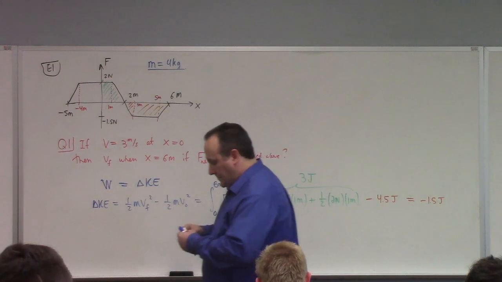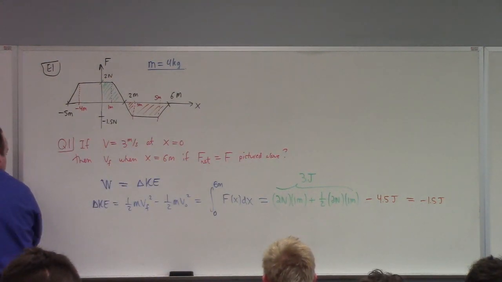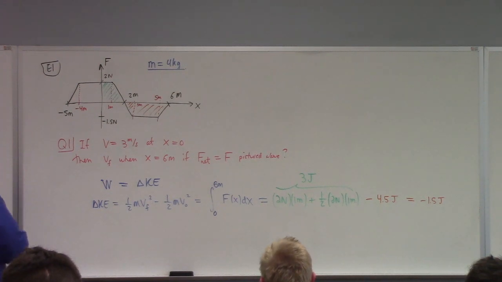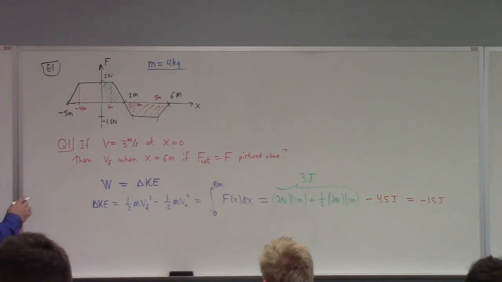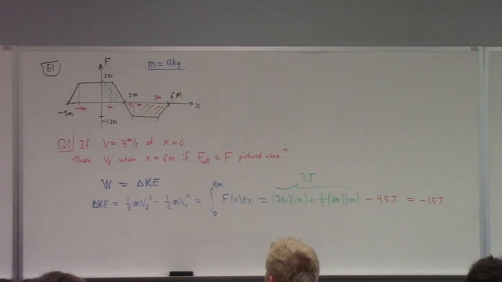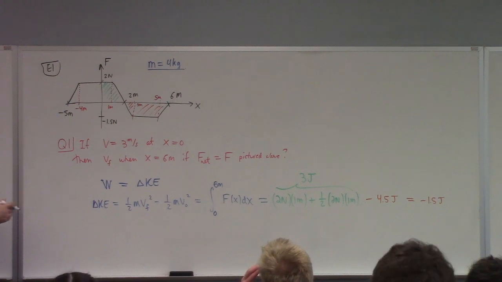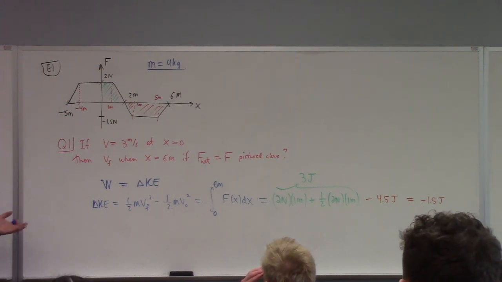What does that mean? Yeah, that means it slowed down, right? Also, it means that it's possible that this may be unphysical. Think about it, right? Because if I did negative work and I don't have enough kinetic energy to start with, it might be impossible.